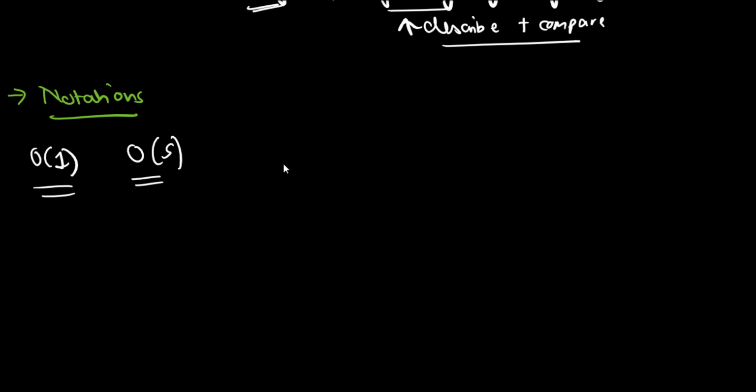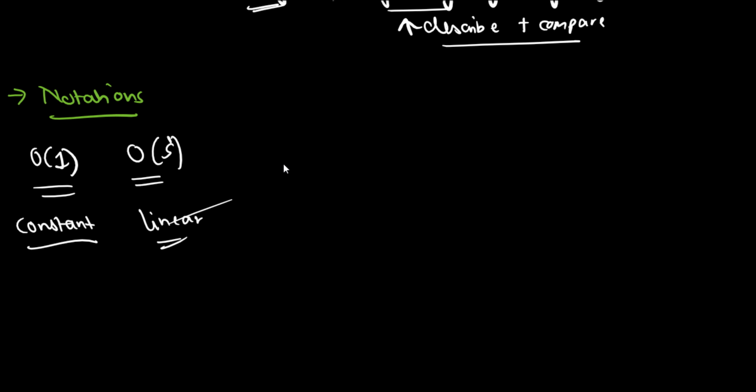These are written as big O and a parenthesis with the value inside. O of 1 is referred to as constant, big O of constant time or size, and O of s is referred to as linear, as it has a power of 1, s raised to the power 1. There are also other notations. We will come back to them later.